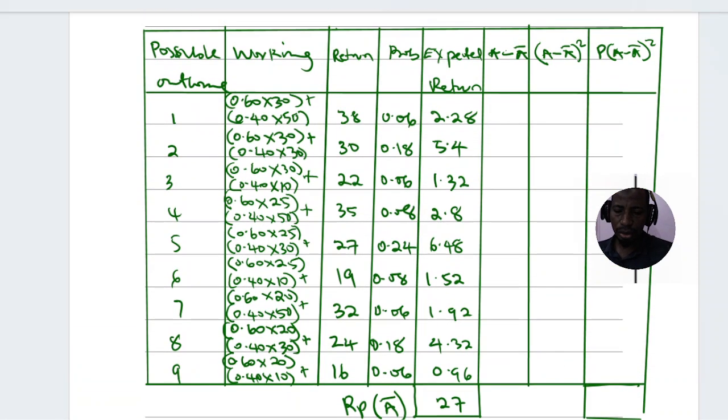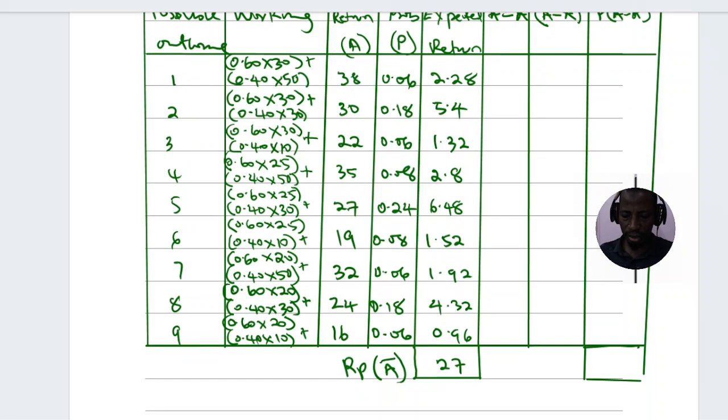Okay then, so let's calculate the variance of the portfolio. So here is A, and this is the probability. Therefore, A minus A bar. A bar is 27, so actual return minus expected return.